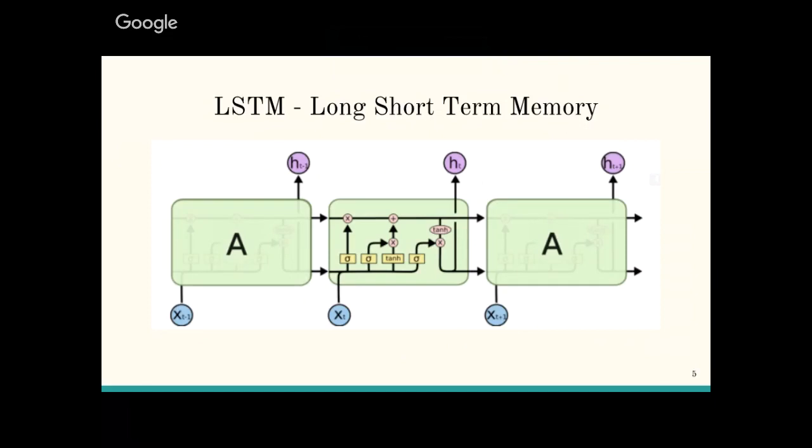So one proposition is long short-term memory. In that case, each cell remembers, and we take the previous steps and combine the previous step with the current step and the input to have this memory.